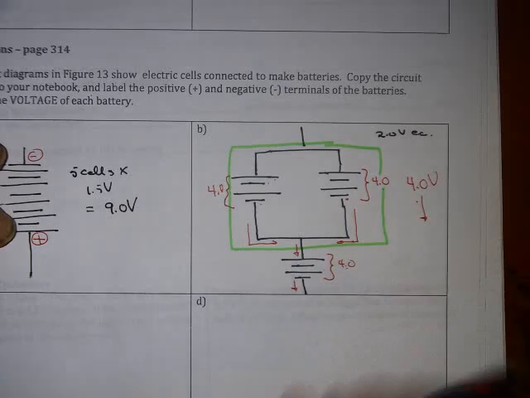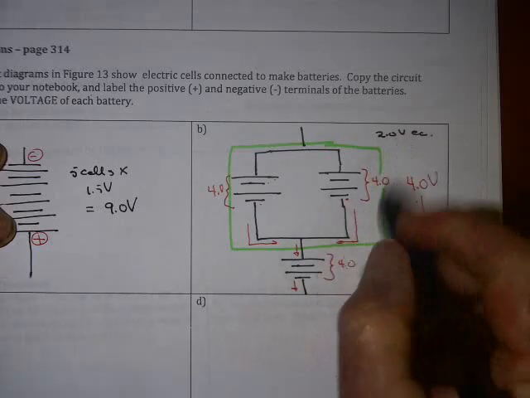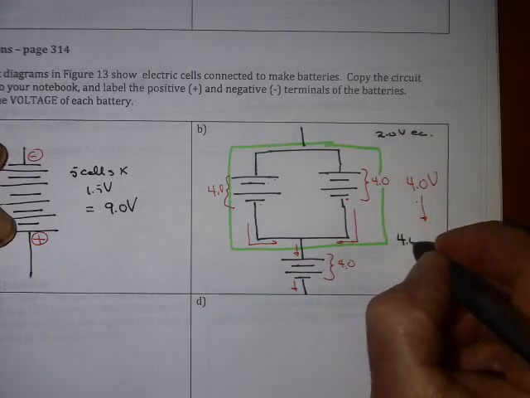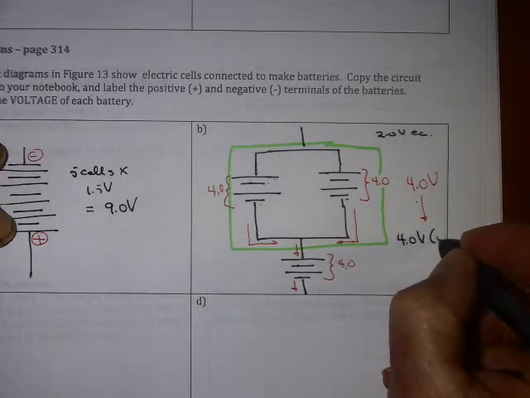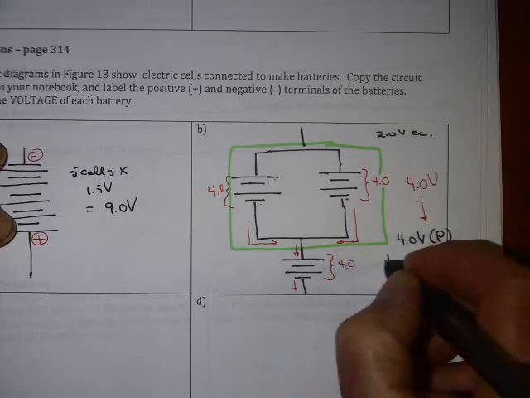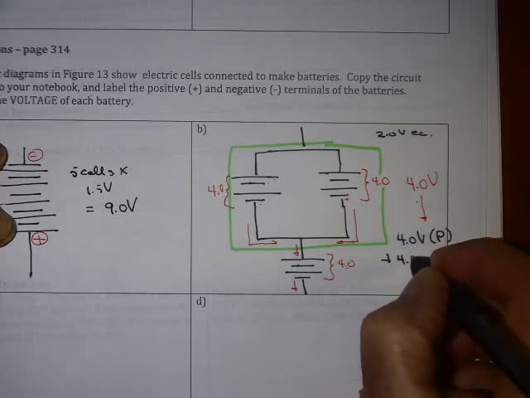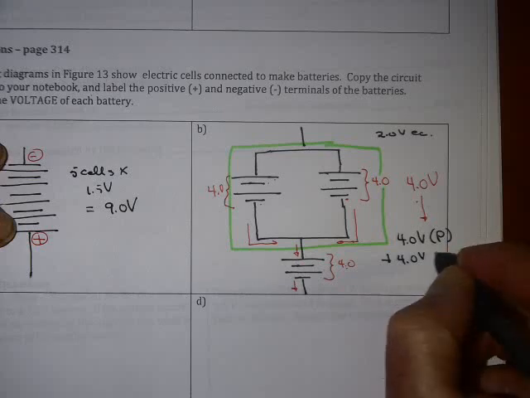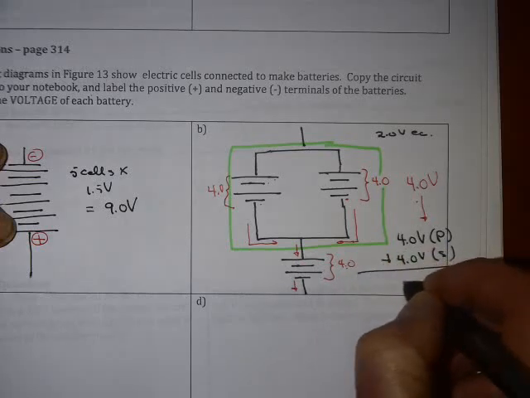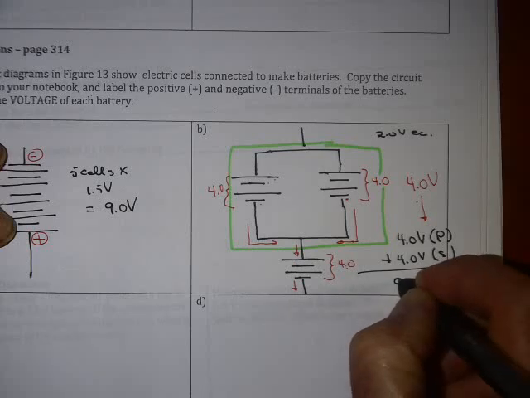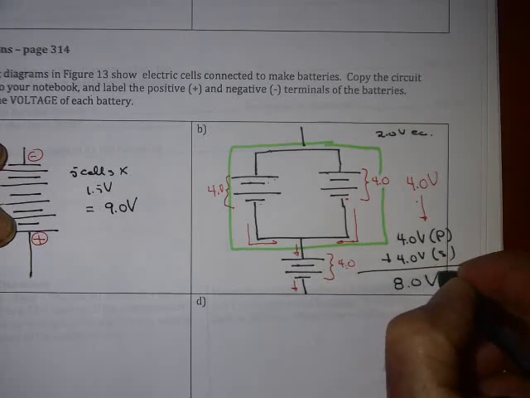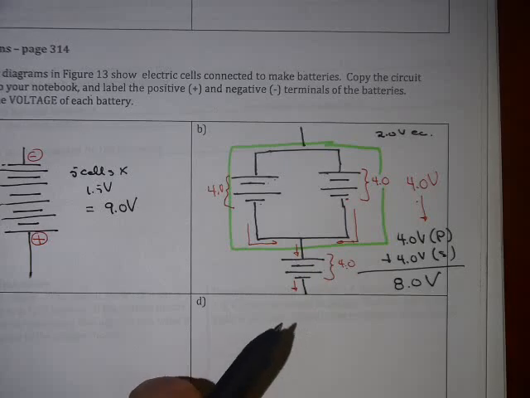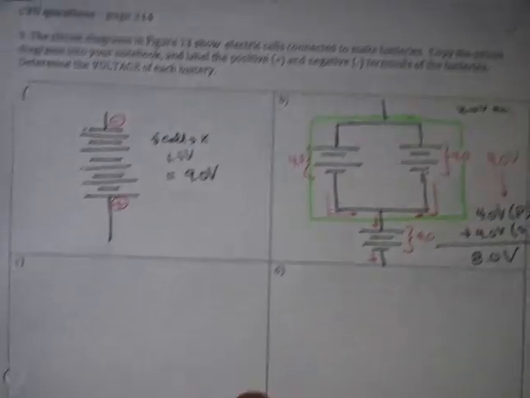So total, 4.0 volts from the parallel plus the 4.0 in series is equal to 8.0 volts. Okay?